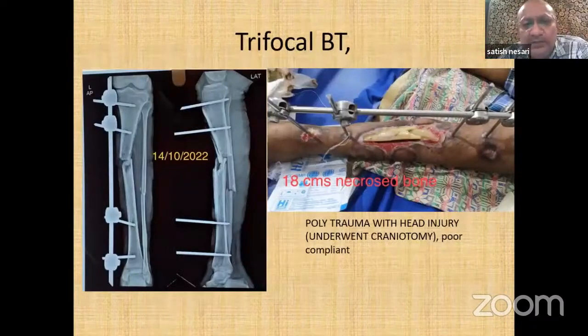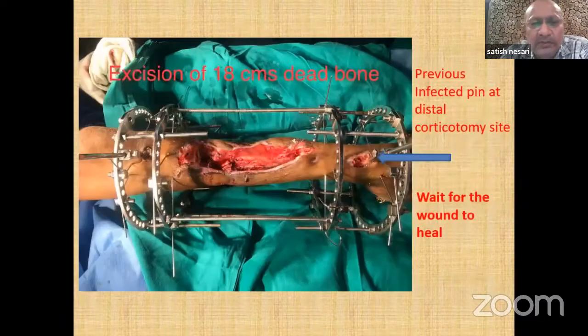Another patient, a trifocal bone transport has been done. The patient had polytrauma with head injury and a subdural hematoma for which a craniotomy had been done. In this process, the tibia was neglected and went into necrosis, 18 centimeters of necrosis. So I had to excise the 18 centimeter dead bone.